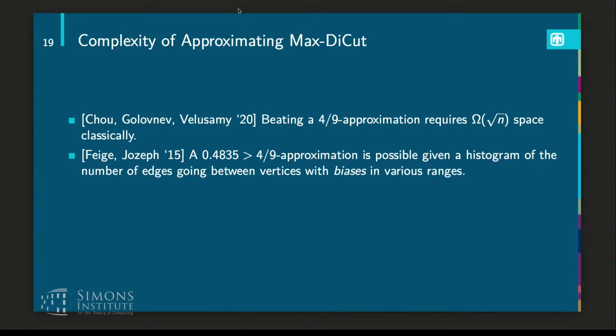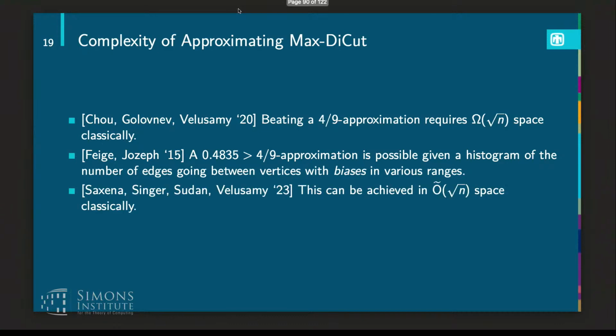This is a count of how many edges go from vertices of one range of biases to another. I'll be a bit more specific about that in the next slide. And of course, as you saw earlier this week, this root n lower bound is also tight. You can get a root n space streaming algorithm that achieves it.